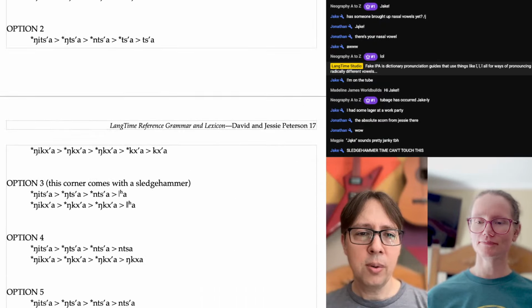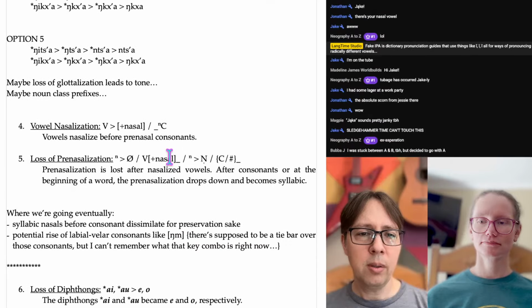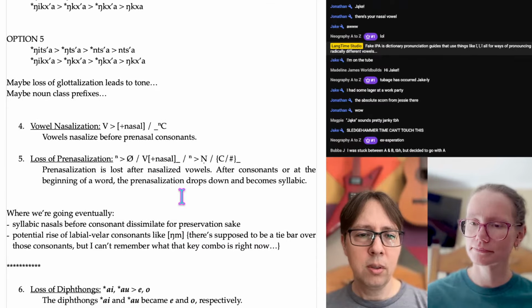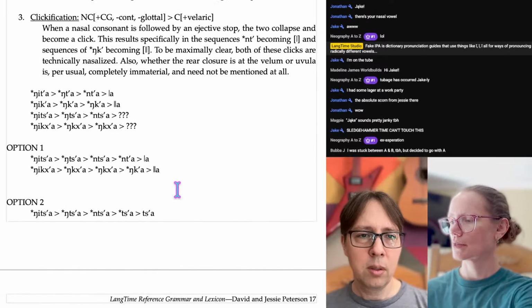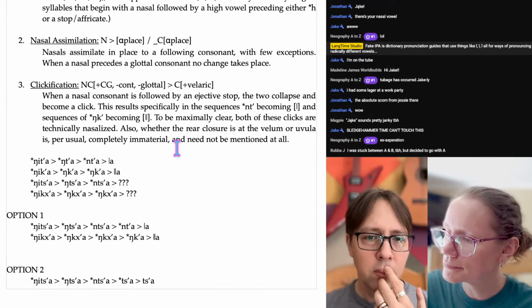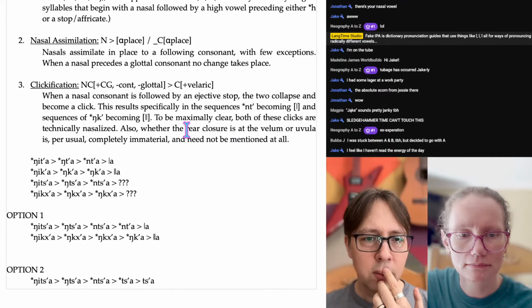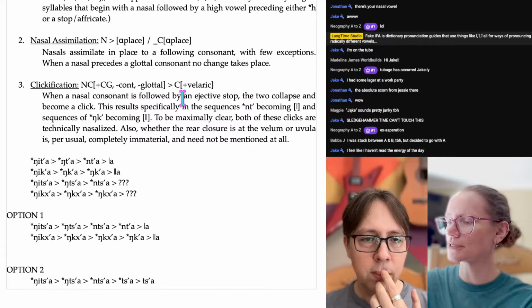Okay, but let's go to the, okay, loss of prenasalization. And then clickification, here we go. Oh, that's right, I moved my cursor. And save. My computer is no longer on the corner that keeps it awake.